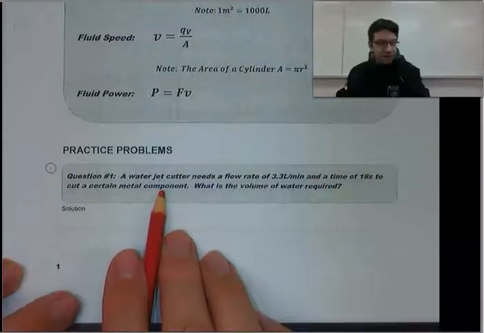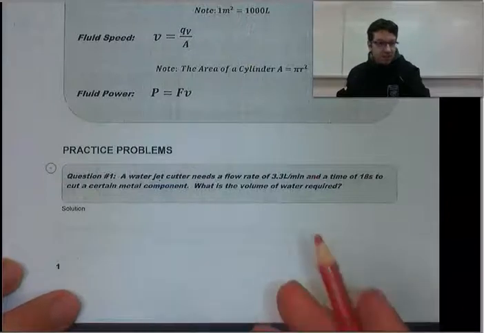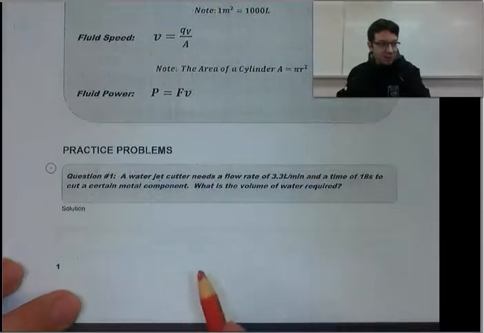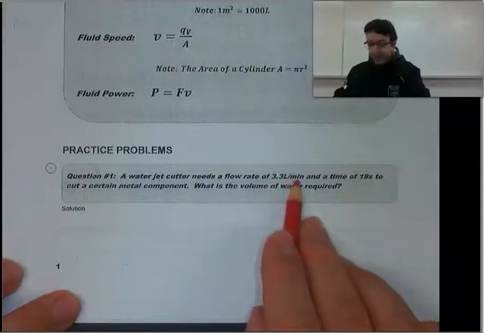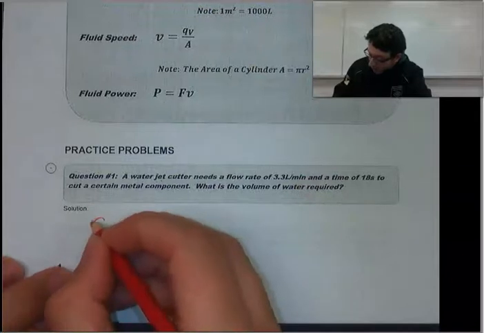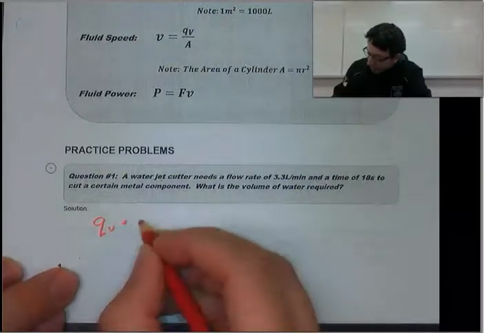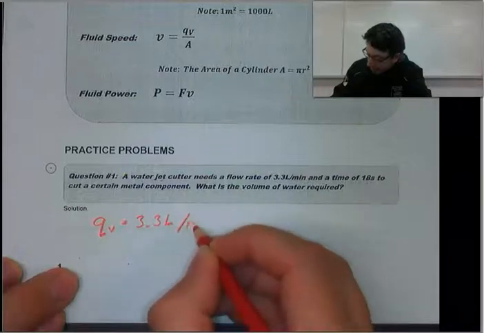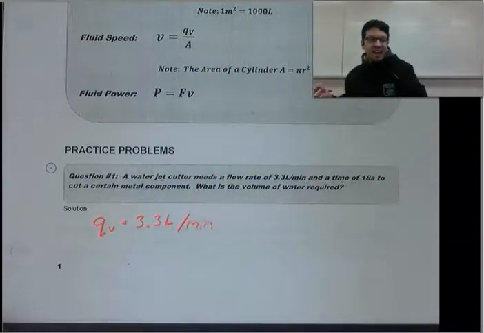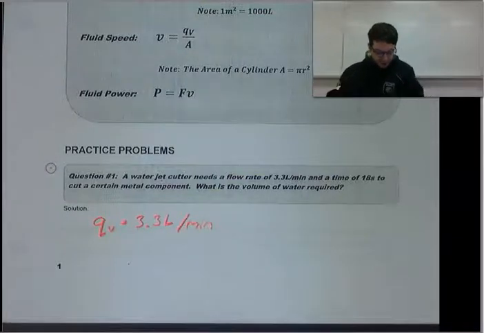We have this nozzle that's going to shoot water out at a rate of 3.3 liters every minute. So that's the volume flow rate. That's what Q_V is. It's 3.3 liters per minute. It needs that much water coming out every minute.